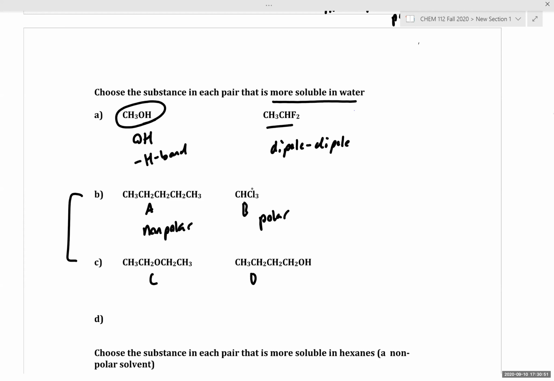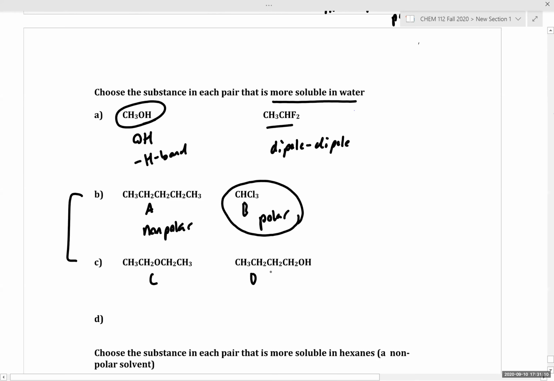As we noted in the chat, the majority of the chat selected B, which is exactly right. The polar chloroform molecule can engage in dipole-dipole interactions with water, increasing its potential water solubility.